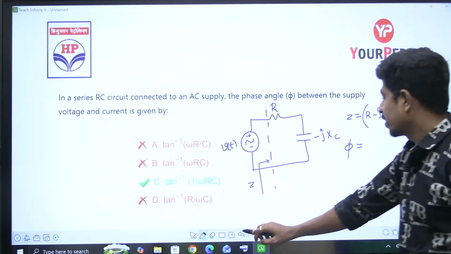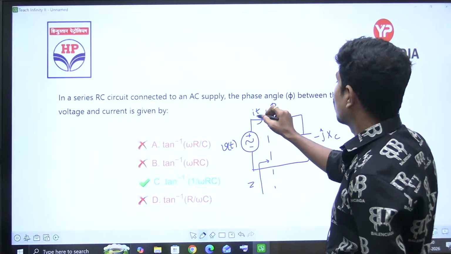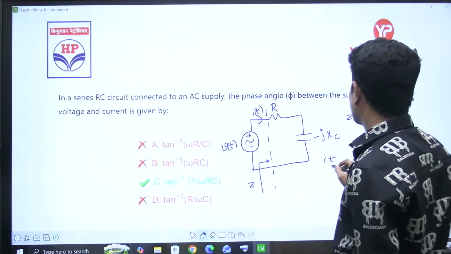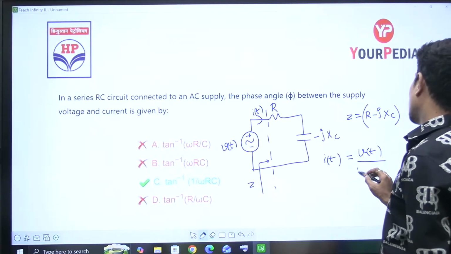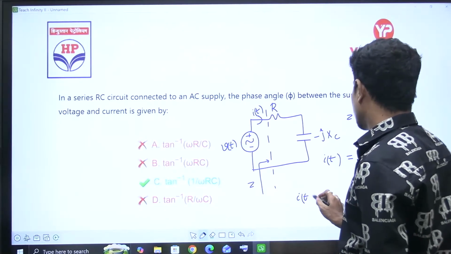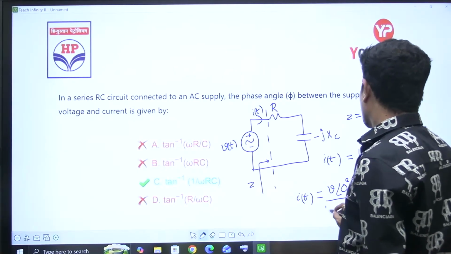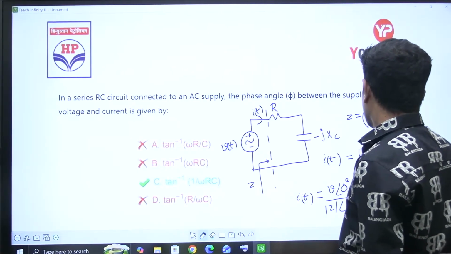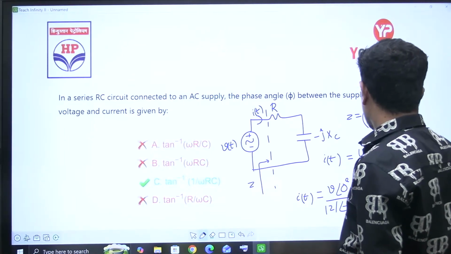First of all, let's find the current. I of t is equal to V of t by Z, that is R minus jXC. So I of t is equal to V at an angle 0 by mod Z at an angle of minus tan inverse of XC by R, that is 1 by omega RC.